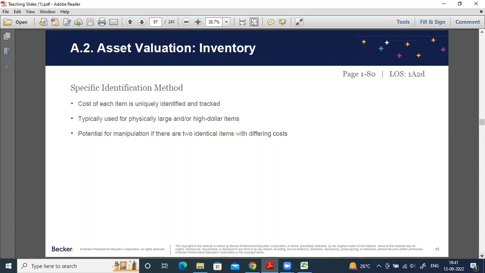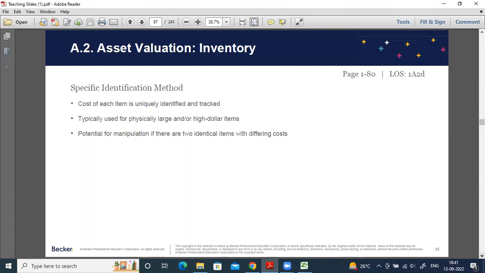Suppose, for your understanding, let us assume that there is a jewelry company. What is the inventory for a jewelry company, guys? Gold and diamonds, right? Now, these gold and diamonds are very costly. So for this kind of jewelry company, we'll be going with specific identification.